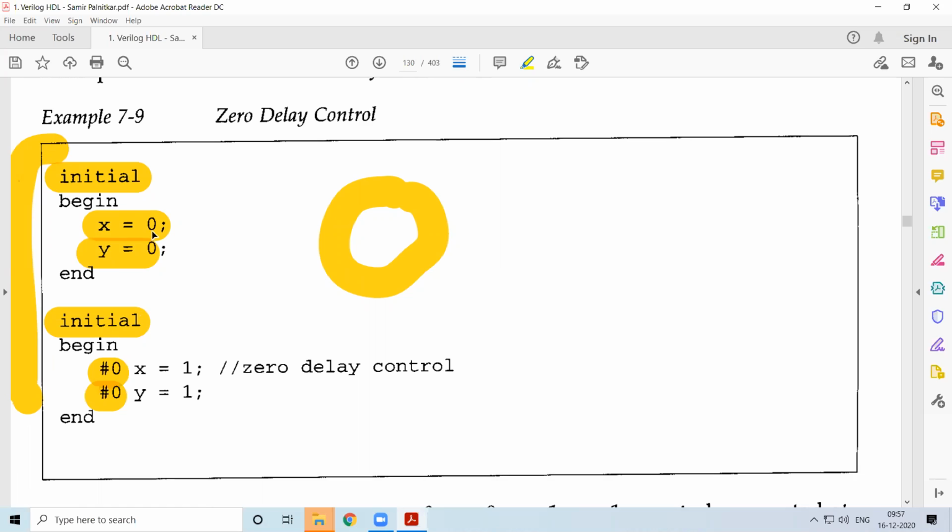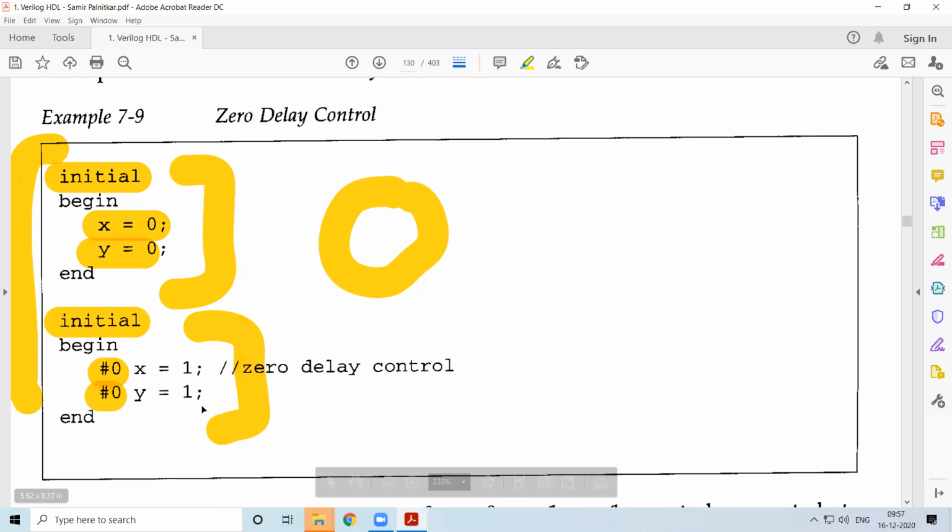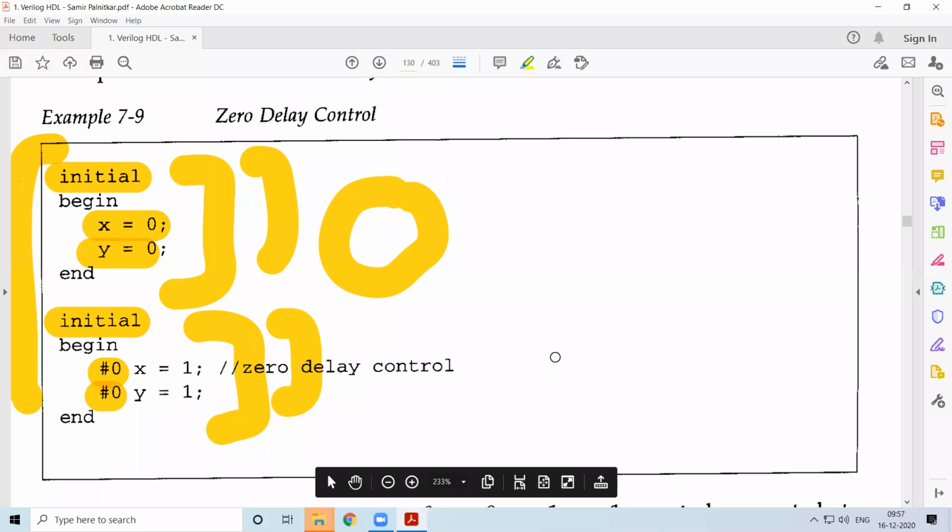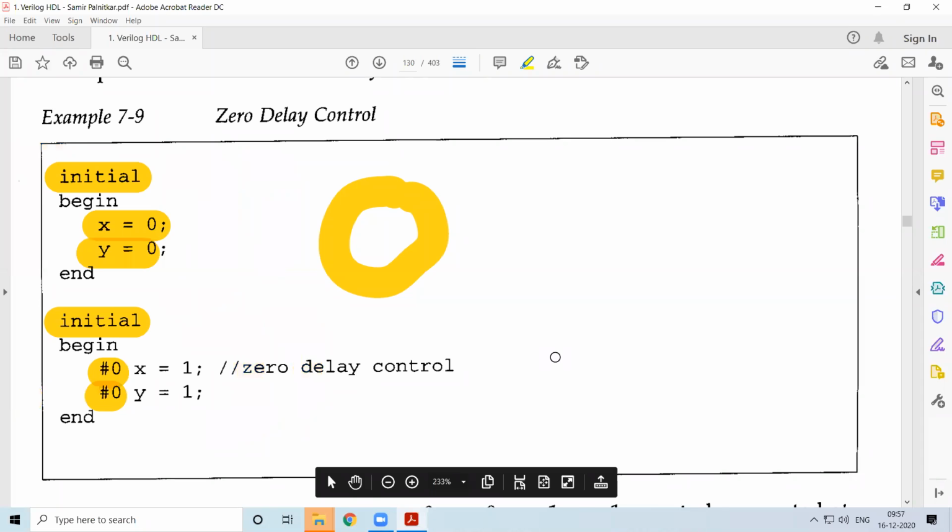Depending on that, x will be 0 or x will be 1. Whichever is executed later, that value will persist. Suppose this one is executed first and this one next, then x and y would be 1. But if it is turned around, if this one is first and this one is second, then x would be 0, y would be 0. So this is a bit confusing to identify what would happen in these cases.